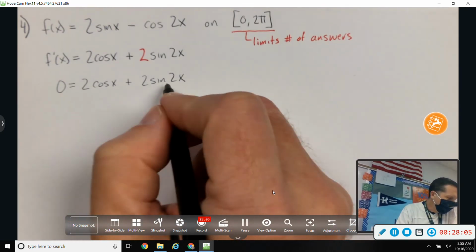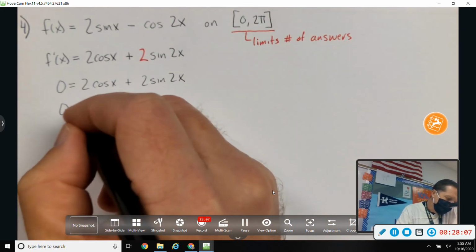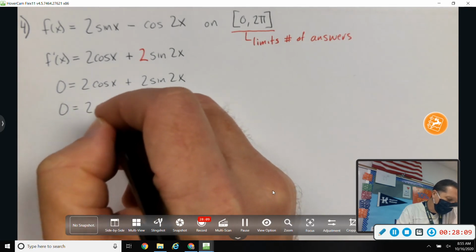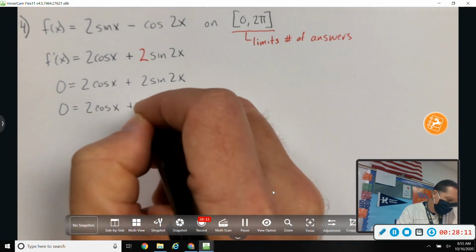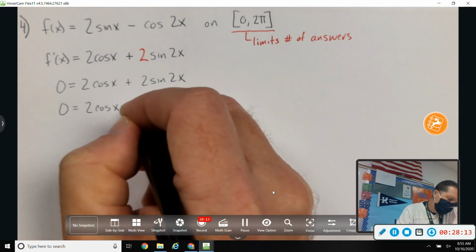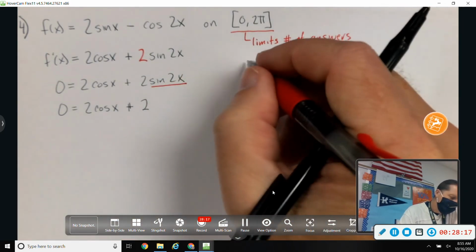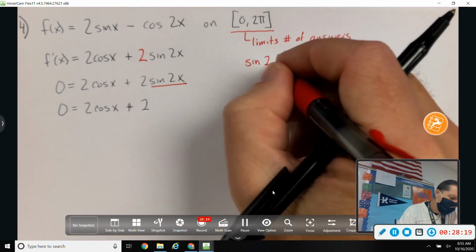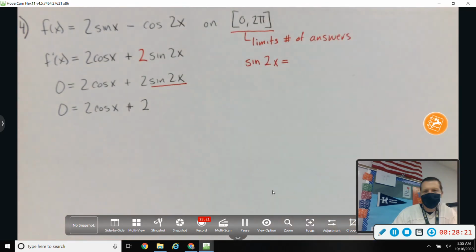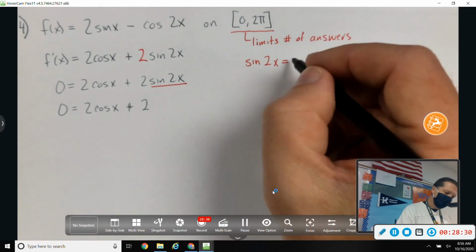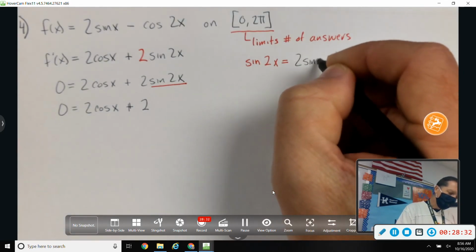This looks terrible. And I think the only reason I did this one is because you might need this in the assignment today. But sine of 2x, I don't expect you to remember this trig identity, which is why I'm doing this problem right now. Sine of 2x equals 2 sine x cosine x.